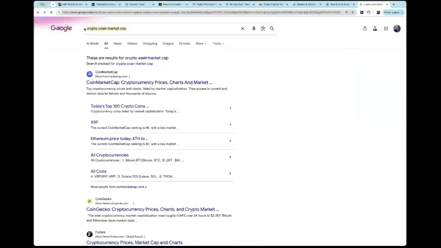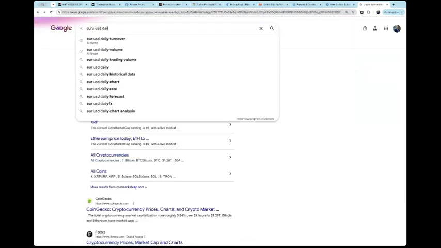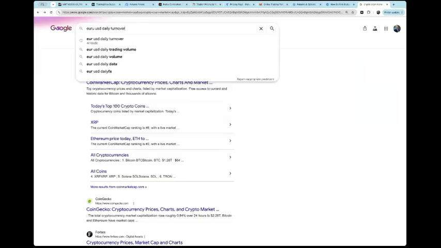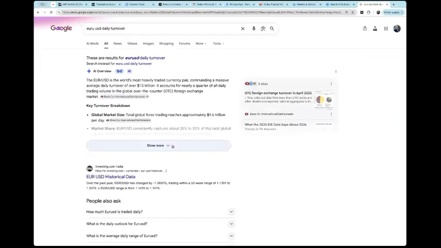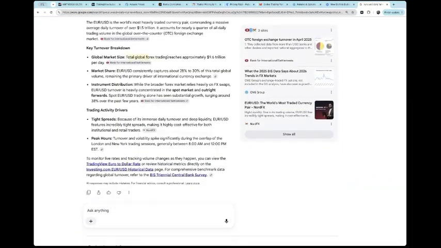And when we talk about EUR/USD daily turnover, the total global forex trading reaches up to 9.6 trillion per day. Oh my God! Is there any comparison? I'm talking about one pair.